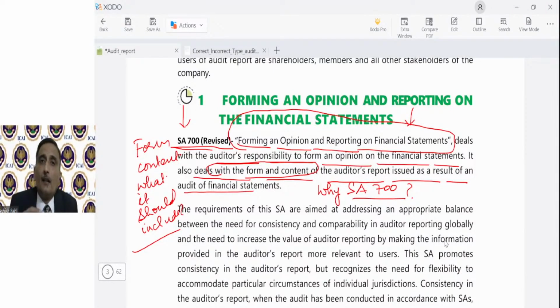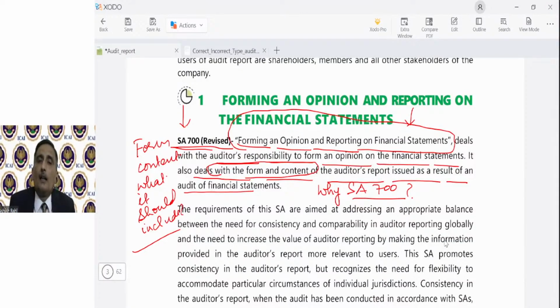But students, you should understand that it doesn't mean that the auditor is not given any option or leeway to express his opinion or state some facts. Yes, he can state some facts, but there is a way of doing this.